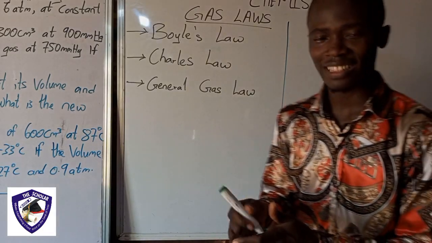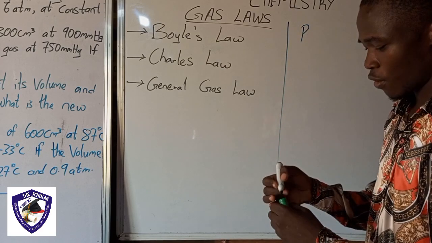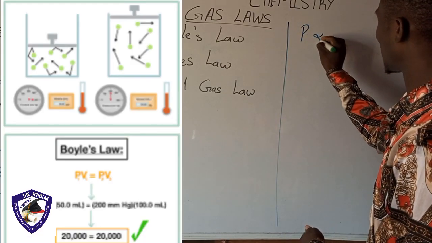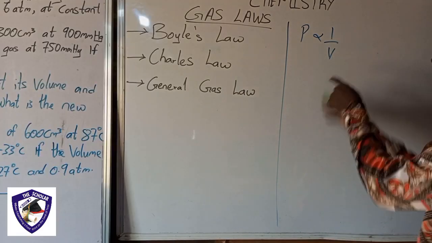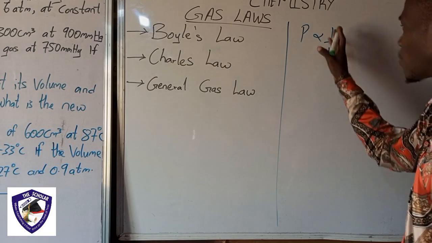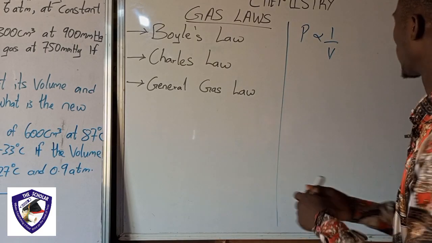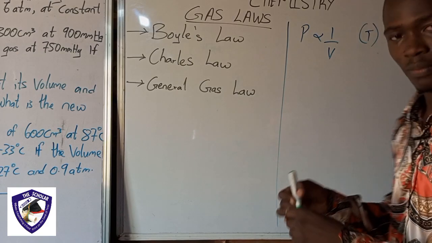So mathematically it can be expressed like this. The pressure of a fixed mass of gas is inversely proportional, and when we say inversely, it means 1 over, to the volume of that gas at constant temperature. We have our temperature to be constant.